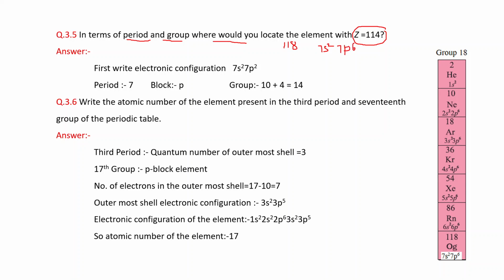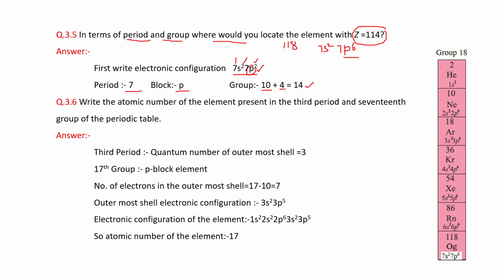Then if atomic number is 114, the electronic configuration has 4 electrons less in the outermost shell. That's why this is 7s2 7p2. The principal quantum number of the outermost shell is 7. That's why period is 7. The last electron enters the p subshell. That's why this is a p block element. And for a p block element, group is 10 plus the number of valence electrons. That's why 10 plus 2 plus 2, 4.